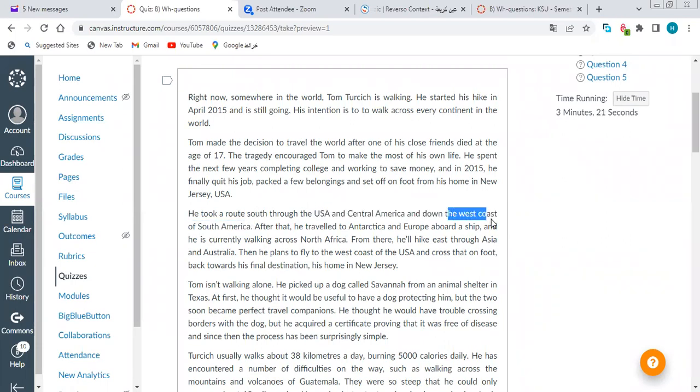Here I'm saying the west coast, so here I'm in the west. After that, he traveled to Antarctica and Europe aboard the ship. And he is currently walking across North Africa. From there, he'll hike east through Asia and Australia. So before Asia and Australia, he was in the west, and now he is in the east. So it will be from west to east.